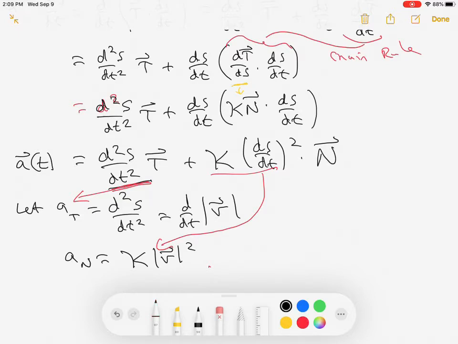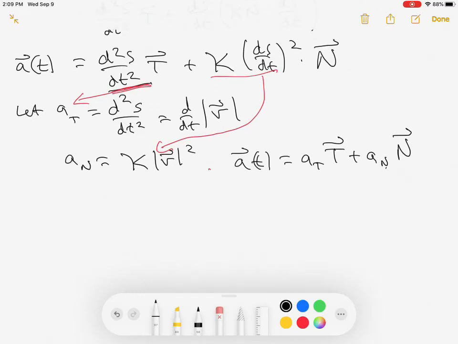So we can write the acceleration as the scalar a sub T times T plus a sub N times N, where the formulas for a of T and a of N are right here and here.